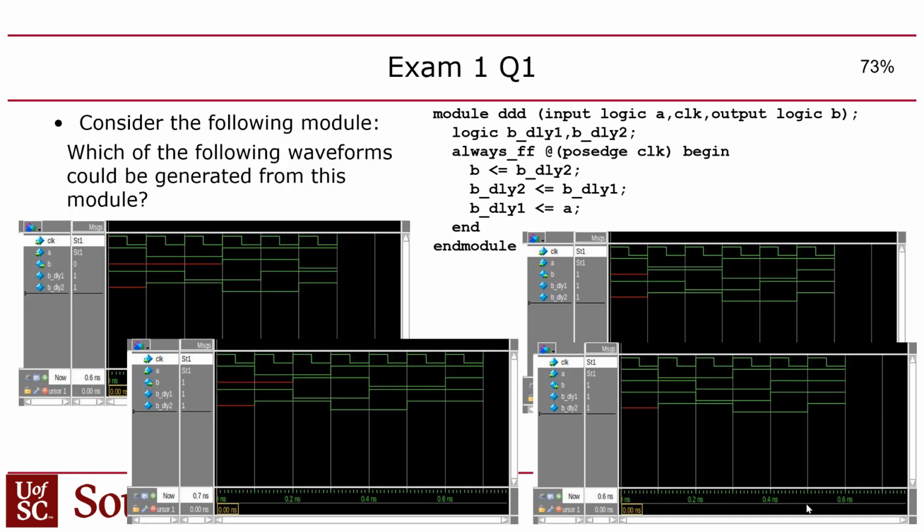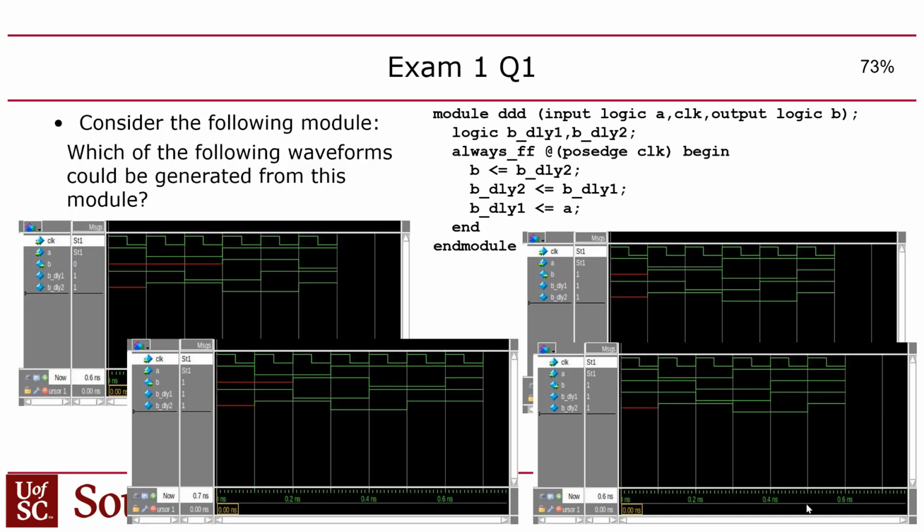So A looks like this. It's high for a cycle, then low for 2 cycles, then high for the rest of the time. And so B delay 1 should be basically that same signal, but shifted by 1 cycle.